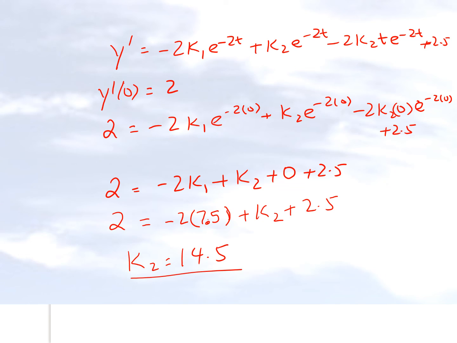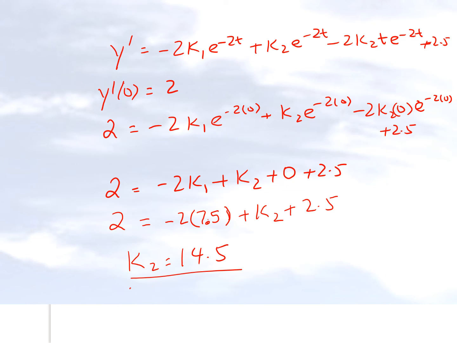So we have found K1 and K2, so we have a complete solution available to us. So y will be equal to YH plus YP, and I don't need to write that down because I already wrote that down.